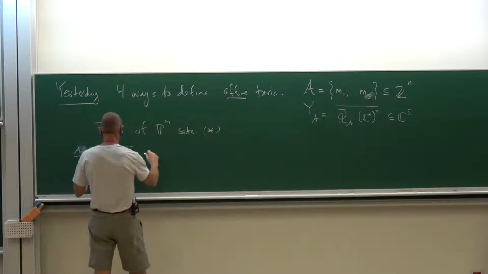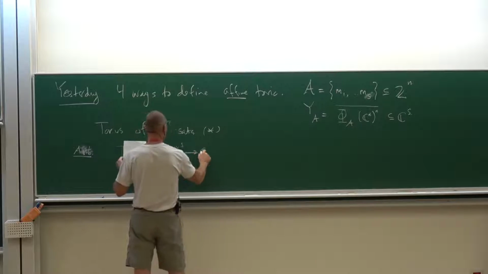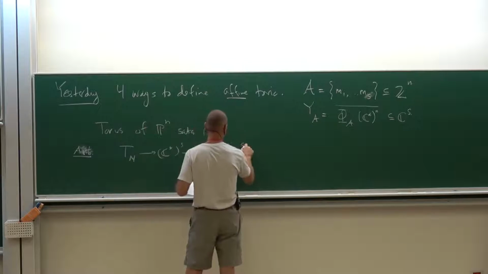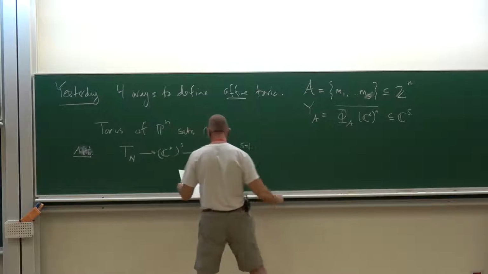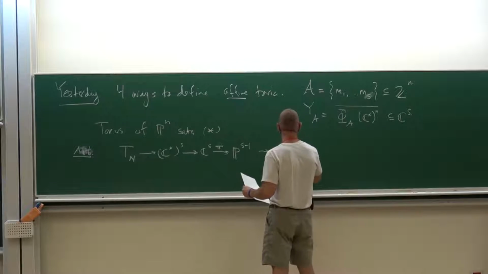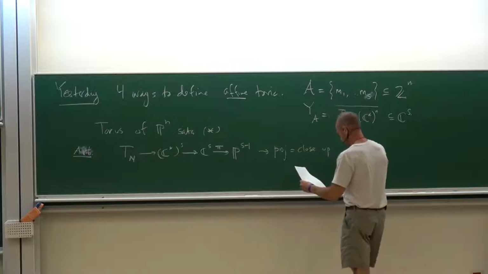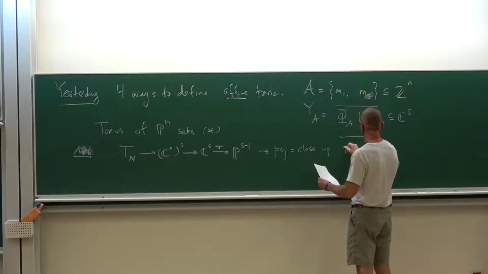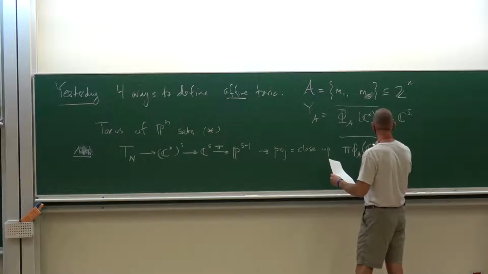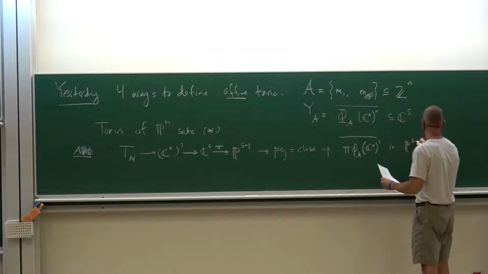What I'm going to have is T^n goes to C star to the S, goes to C to the S, goes to, this is a projection to P^(S minus 1). And we define our projective toric variety by X sub A equals the closure of pi of phi sub A of C star to the S in P^(S minus 1).